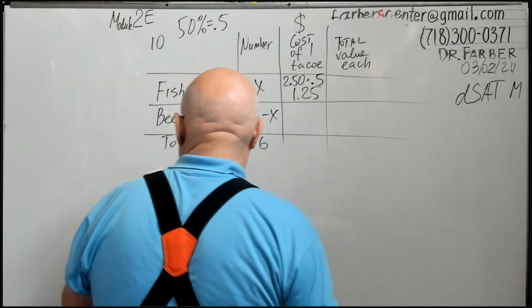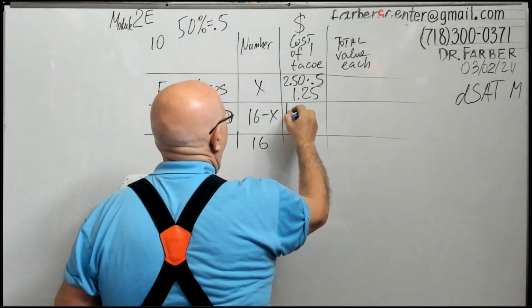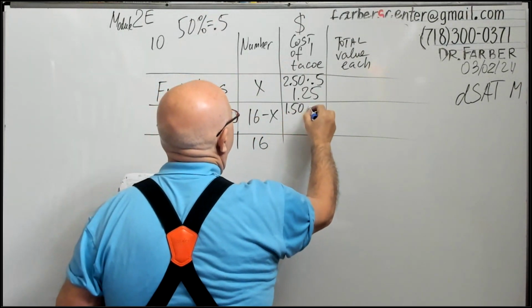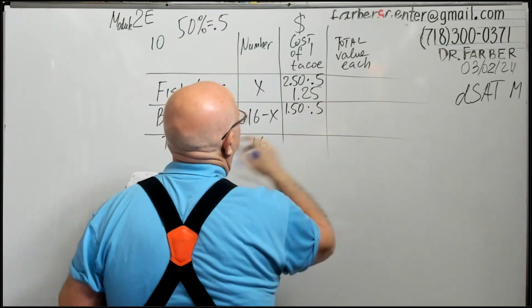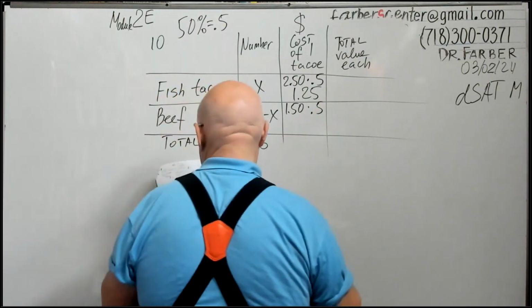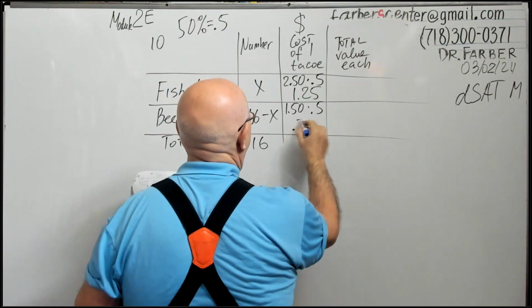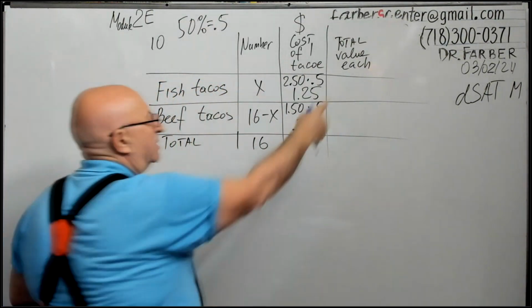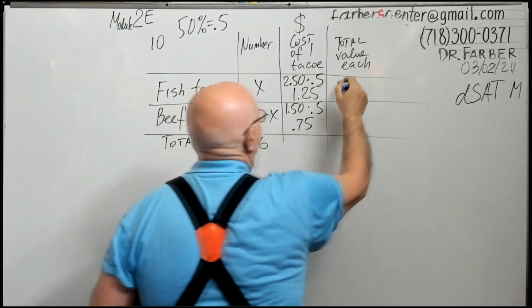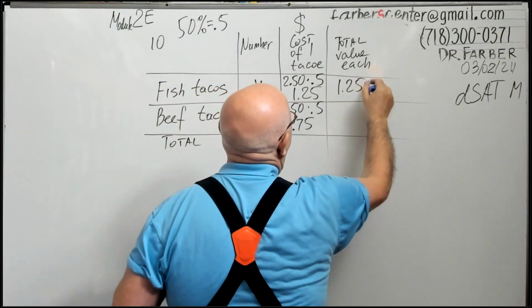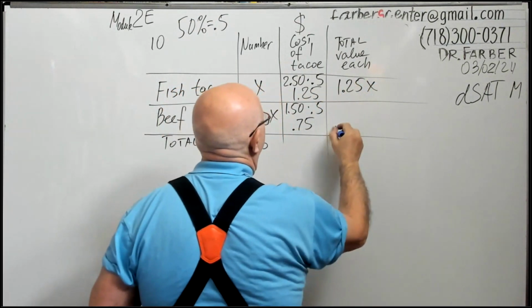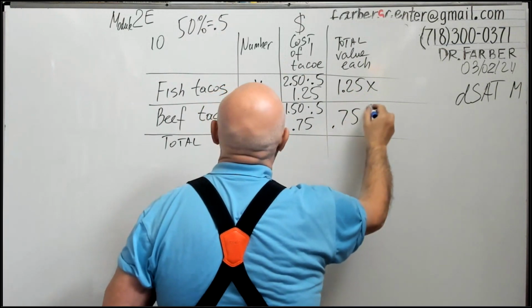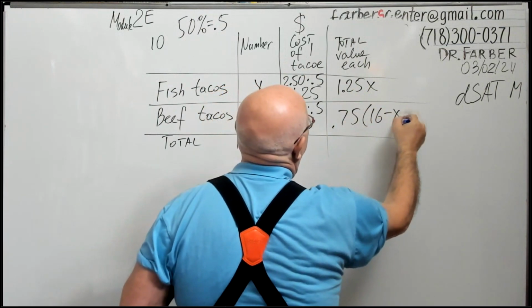What about beef? 150, also they have some special by 0.5. It would be what, 75 cents? 0.75. In all these problems, usually this column is product of these two. There's 1.25x. There's 0.75 times 16 minus x.